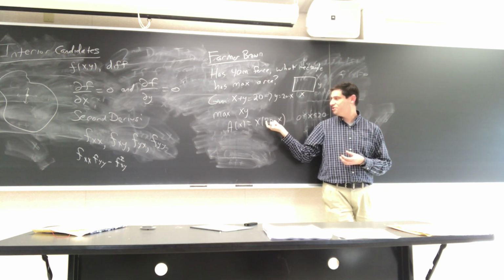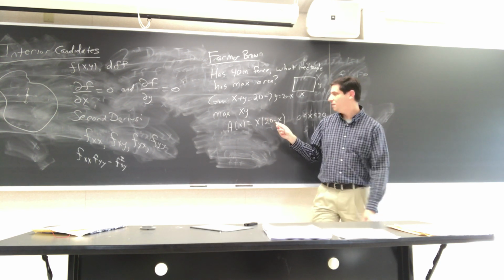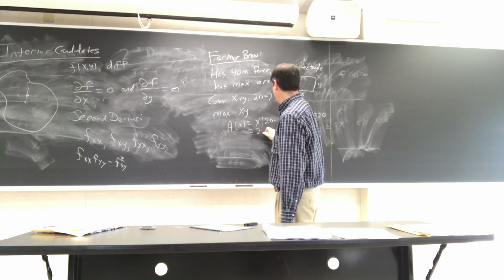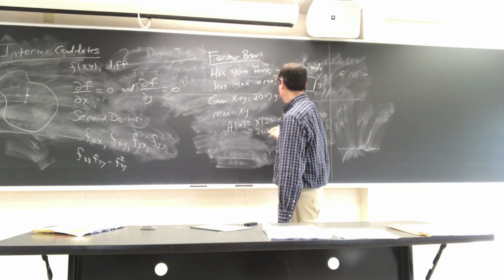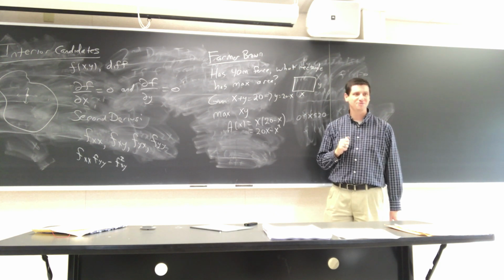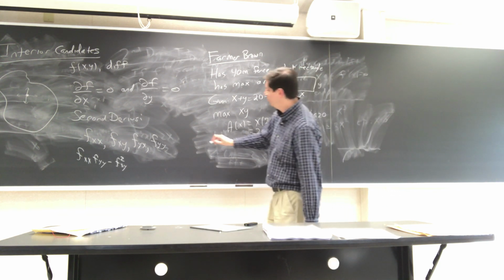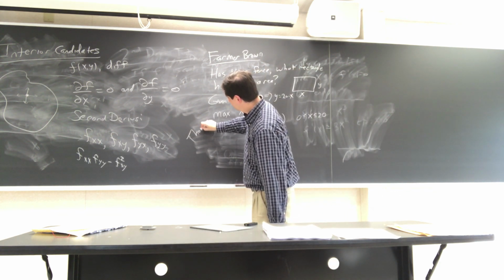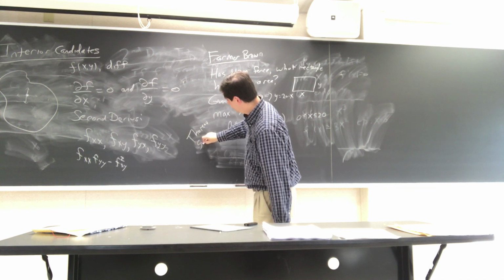What rule would I have to use to do the differentiation right now? As written, product rule. But if I simplify, this is 20x minus x squared. Now I'm using the difference rule. I'd much rather use the difference rule than the product rule. So, simplify.